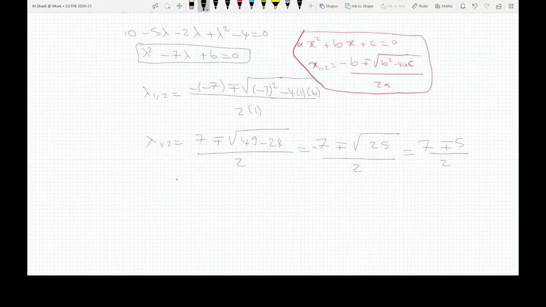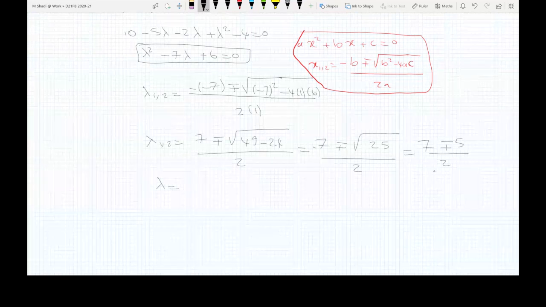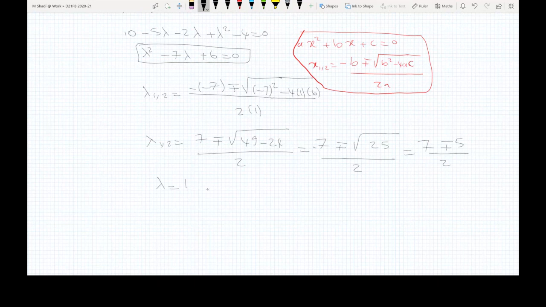So in this case, it is either that lambda is equal to 7 minus 5 divided by 2. This is 2 divided by 2, so lambda is equal to 1. Alternatively, lambda 2 is going to be 7 plus 5. This is 12 divided by 2. This is 6. So it is equal to 6. So I have two values for lambda from the quadratic equation, this is 1 and 6.